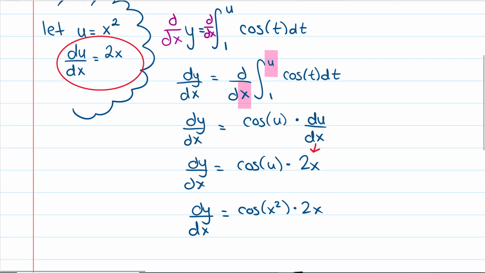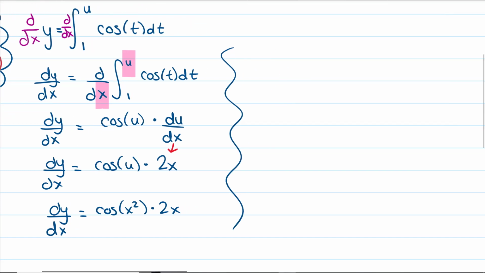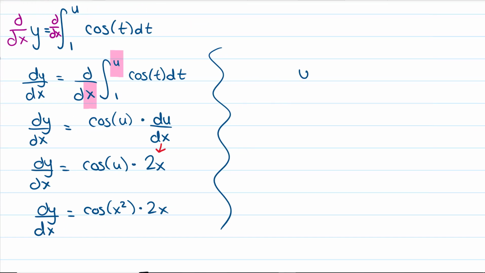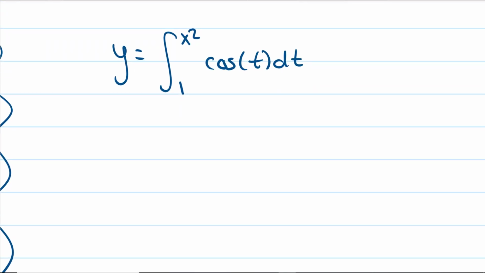I'm going to now show you the shortcut that I like to do. So this is one way of doing the problem. Here's the second way. I have y is equal to the integral from 1 to x squared of cosine of t dt. This is the way I like to do it.